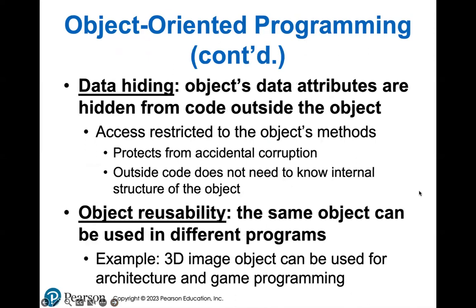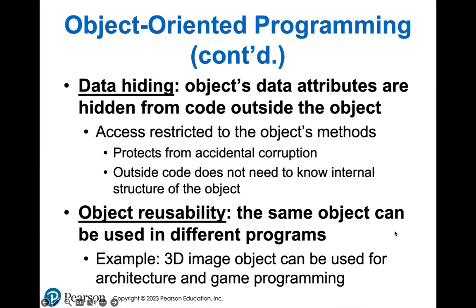Now, another couple of terms just to remember. The first is data hiding. Data hiding is a way to hide your object's data from anybody who's outside of that object. This is just a way to hide your object's variables, and you achieve that by making your variables private, and that way nobody outside of your object can access those variables or change those variables if they don't have to.